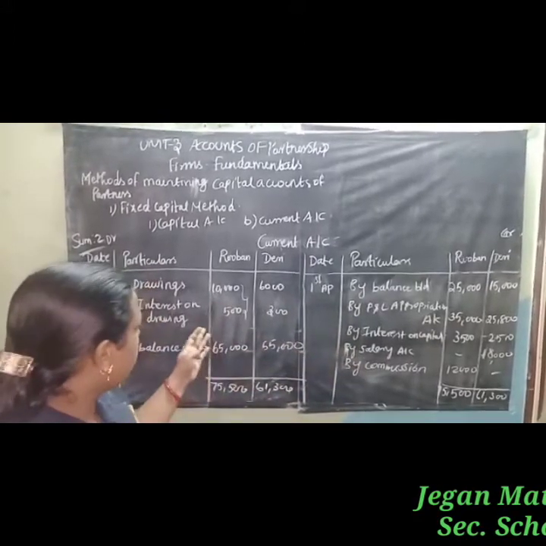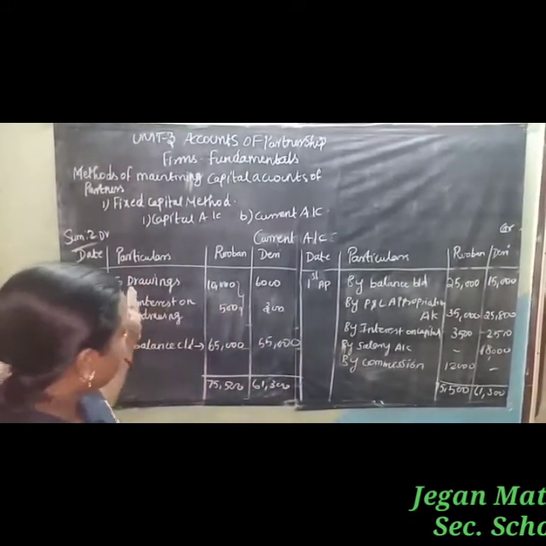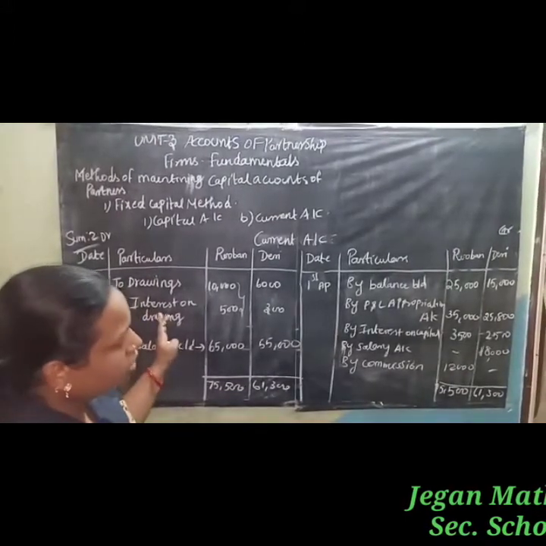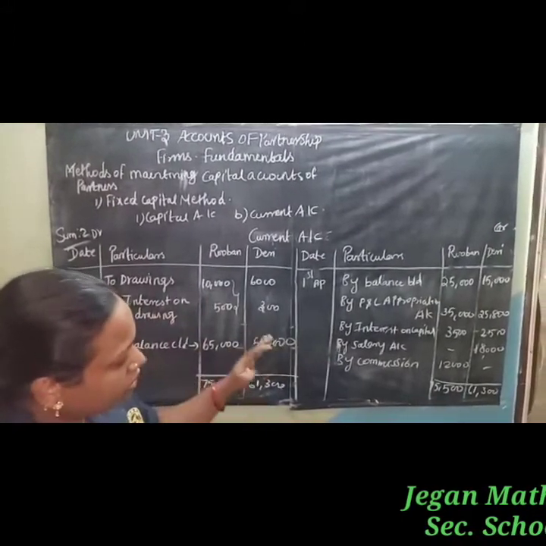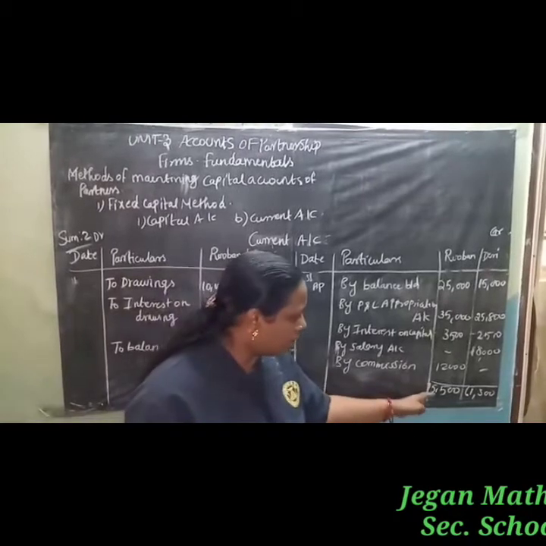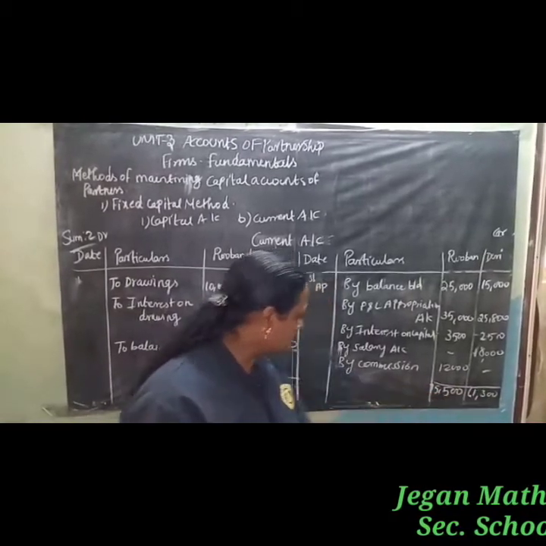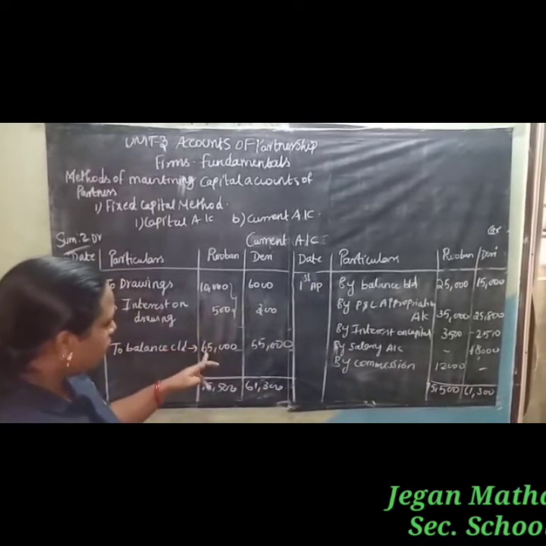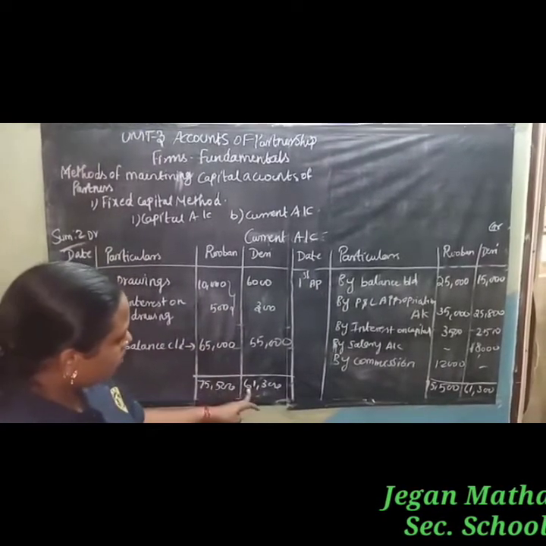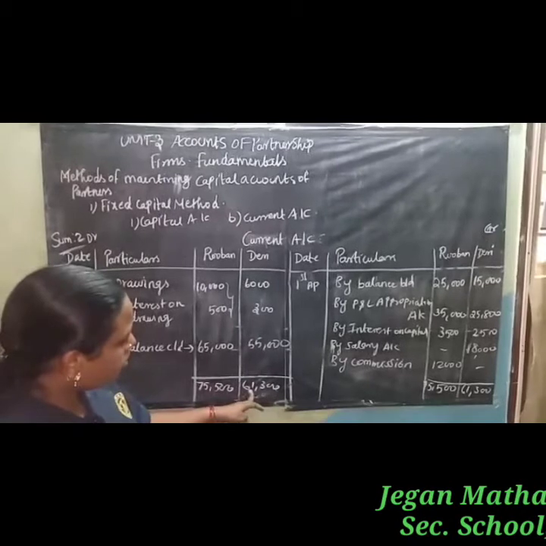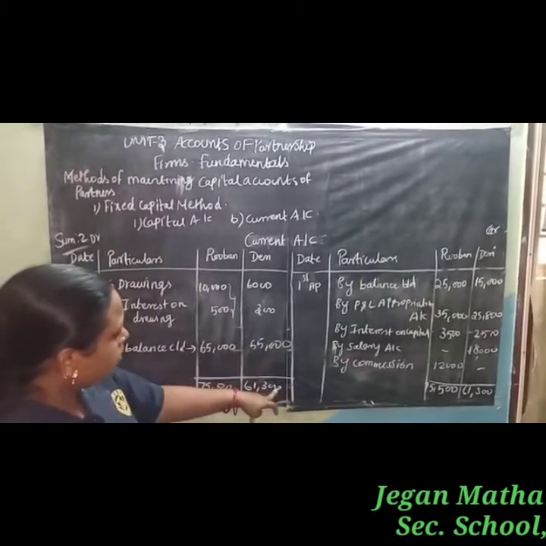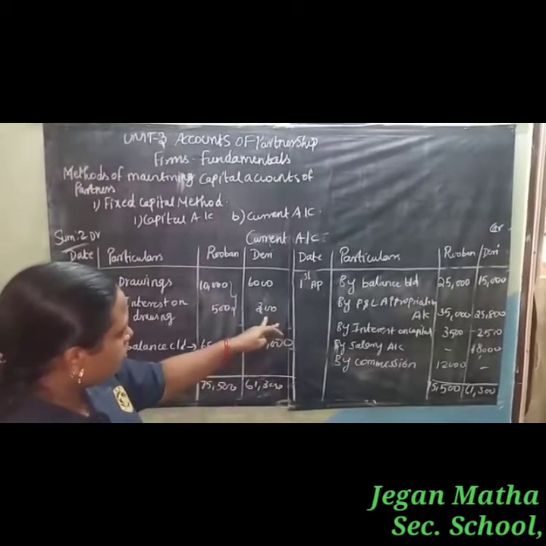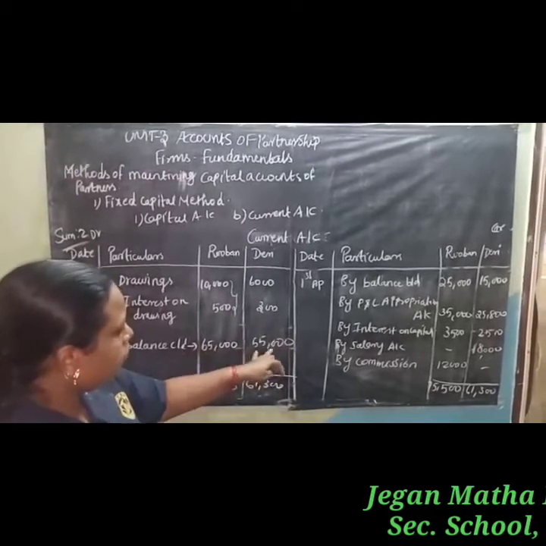On the debit side we write drawings and interest on drawings only. The credit side is more: totals 75,500 and 61,300. 75,500 minus 10,500 gives 65,000, and 61,300 minus 6,300 gives 55,000.